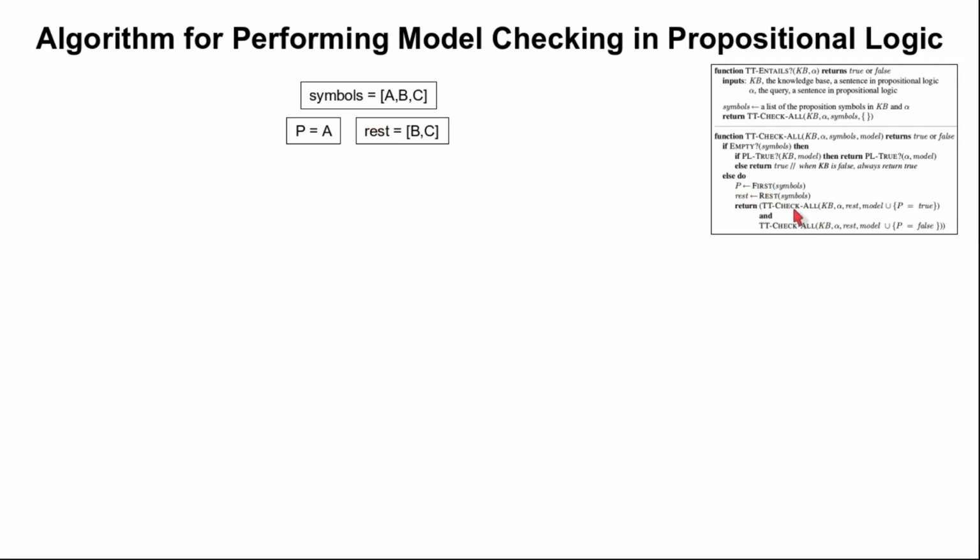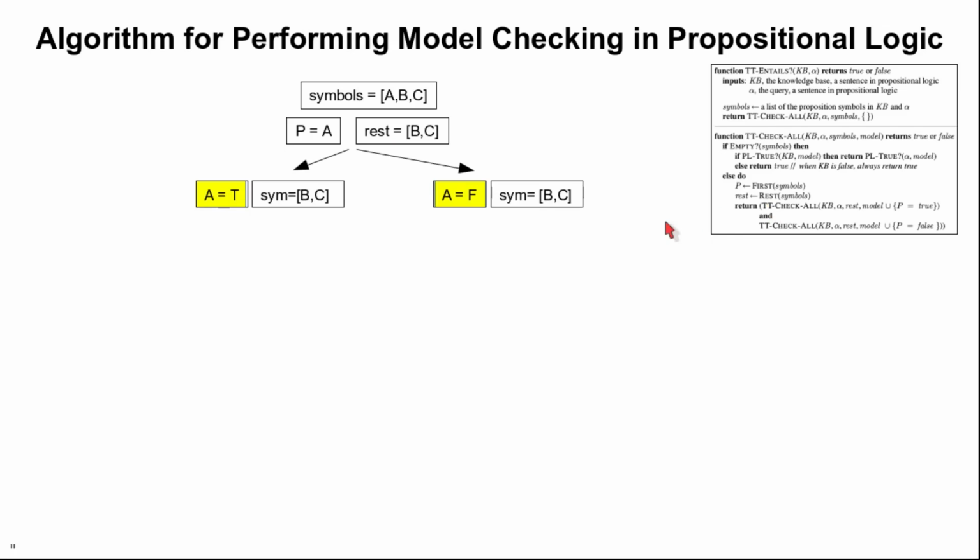And then we are calling check all 2 times. For the first time we will assign p equal to true, so A will be assigned the value true, and in the second recursive call p will be assigned the value false, so A will be equal to false, and we will increment the model to include A equal to true and A equal to false.